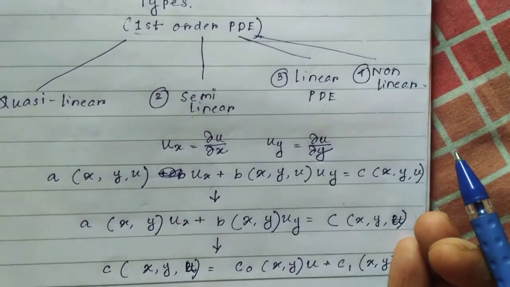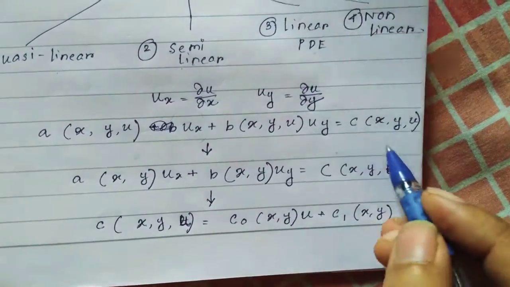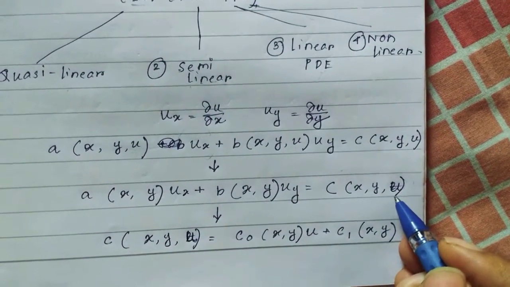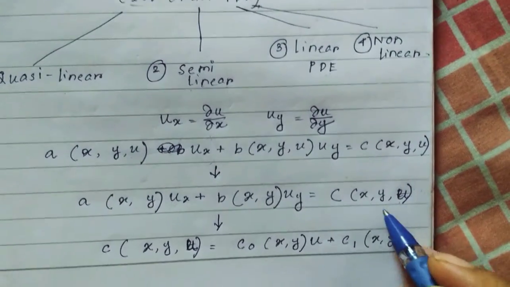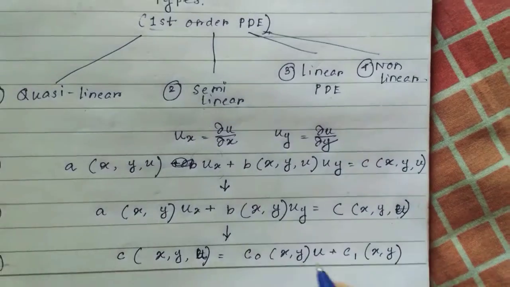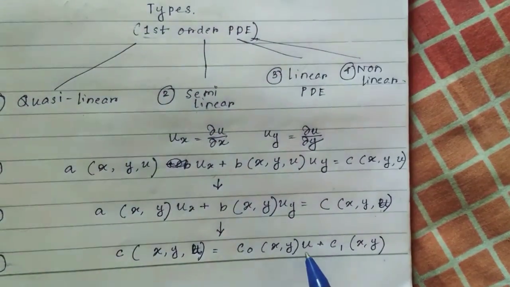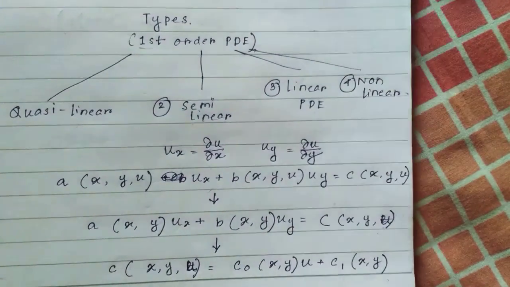And we move one step further: the c part can have dependence on u in the semi-linear case, but whenever this u dependence can be written in this way, the dependence is linear on u.